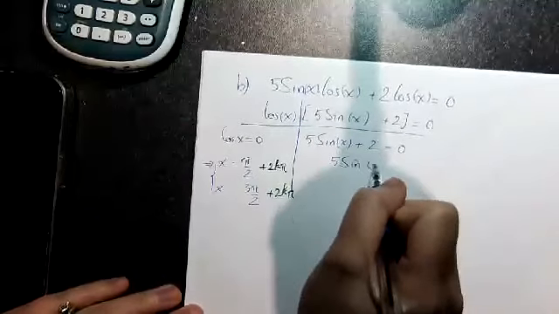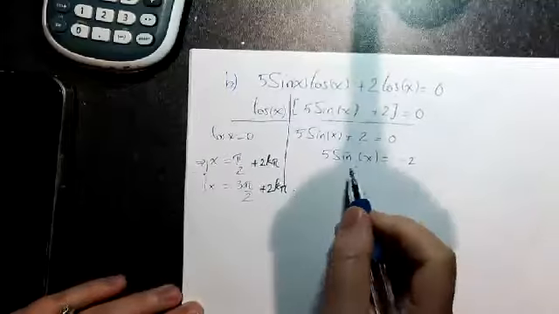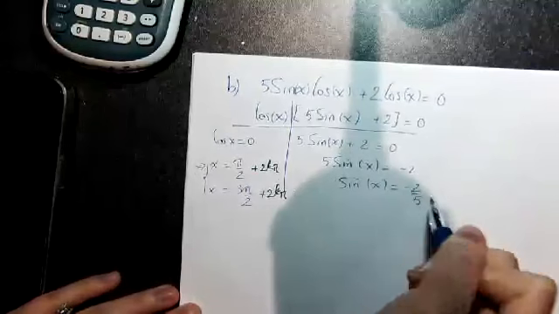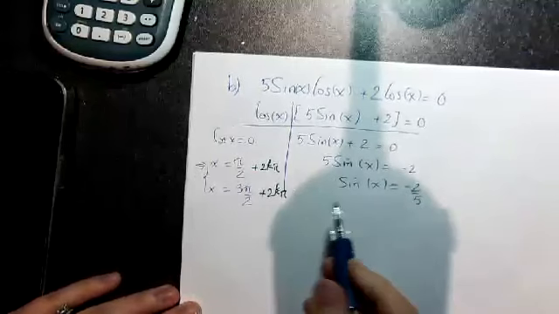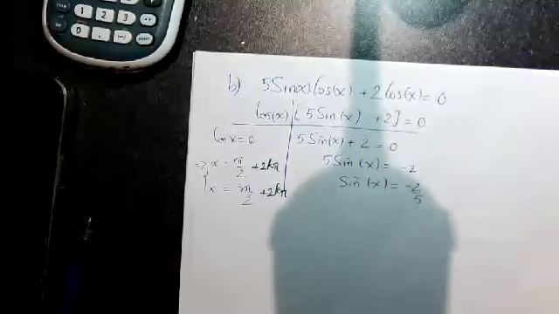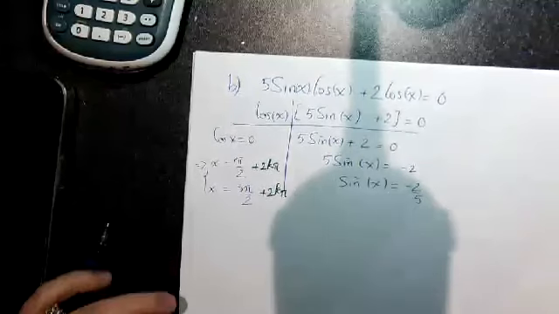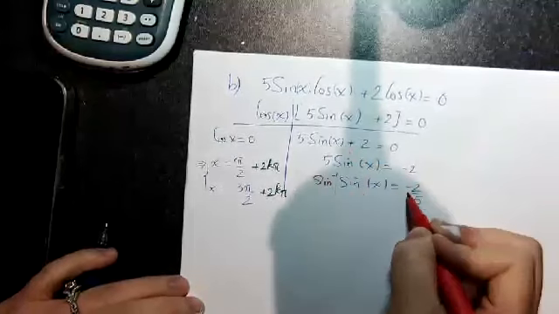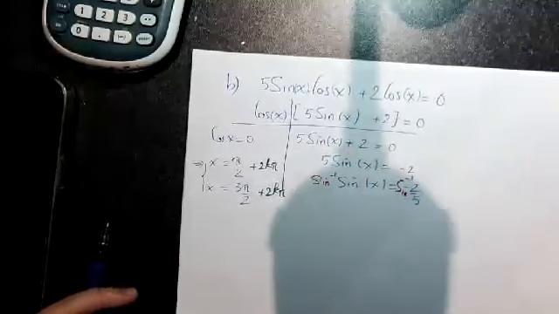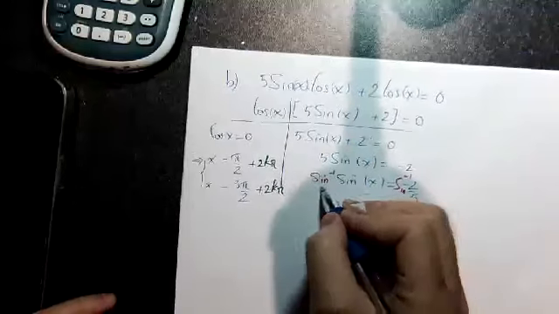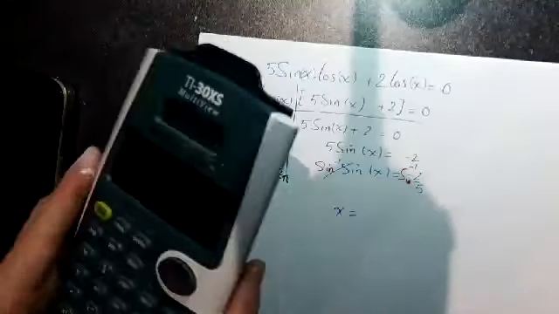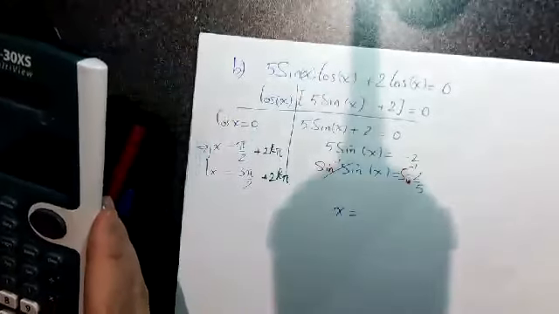So 5 sine x equals negative 2. I divide this by 5. Question, can I take inverse? Would it be out of domain? It won't, right? Negative 2 fifths is inside the domain. So okay, x equals, let's plug it in.